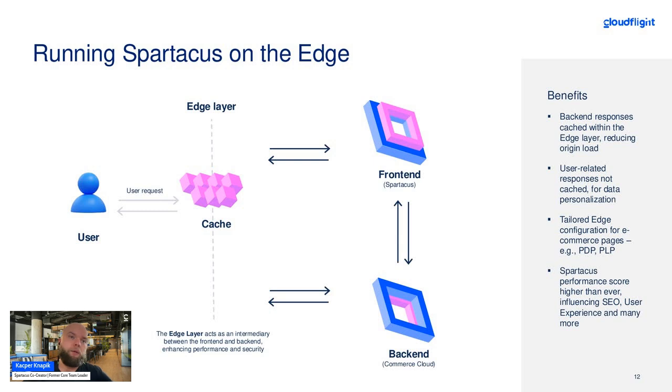We did some projects where we created these configurations, and we really sat down with the client and talked about how often the specific resource is changing, and we tailored the configurations for specific resources.